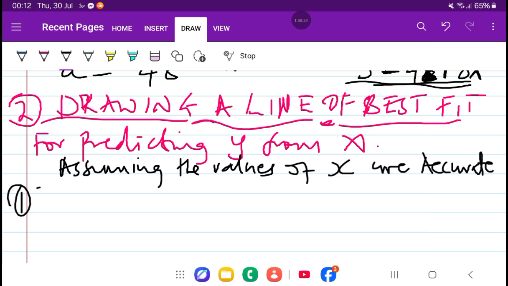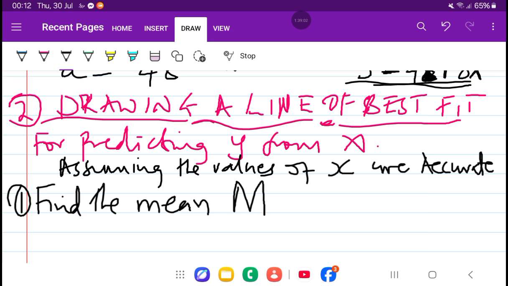Now the first step, step one, is for us to find the mean. We can call it capital M, mean of the distribution, for both values X bar and then Y bar.